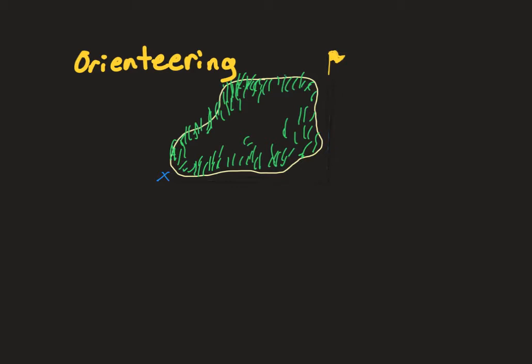So instead, you might decide that it's in your best interest to go around. Okay, so head east, say, and then head north. So that would be a vector in the eastern direction.